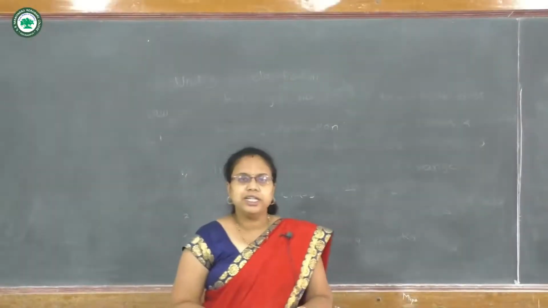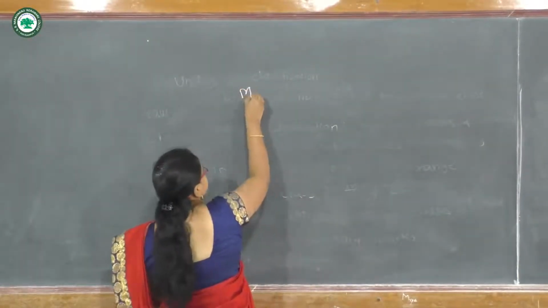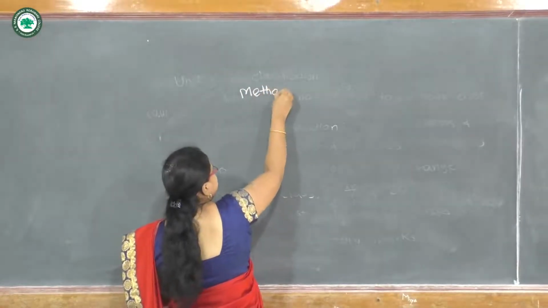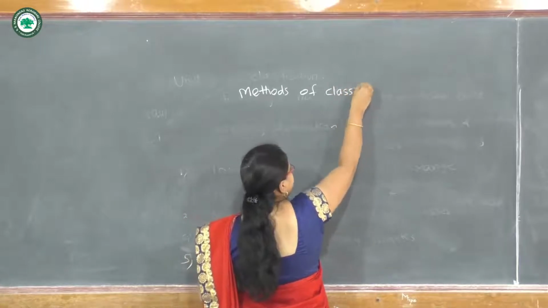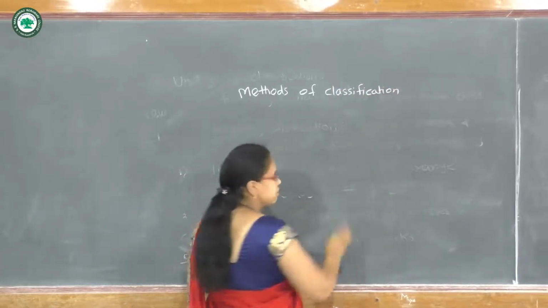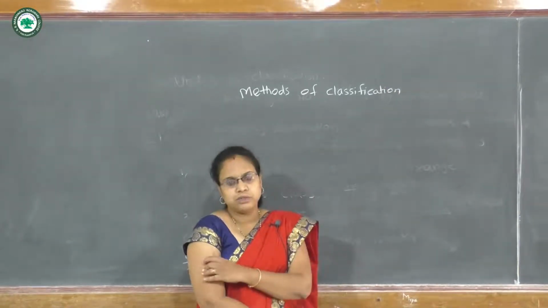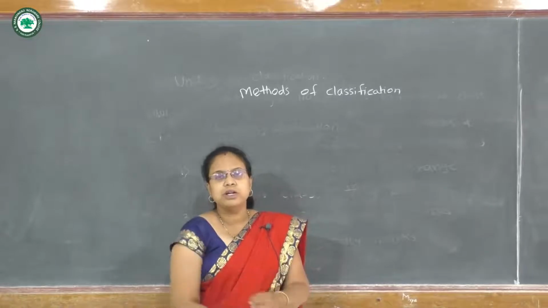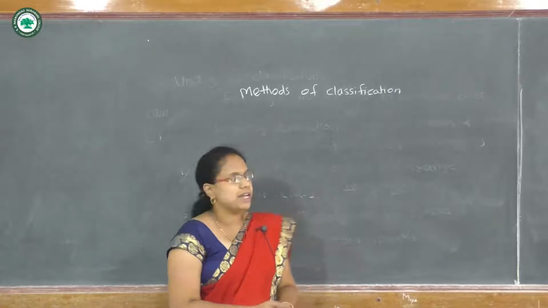The next point is the method of classification. So we have data with different classes. These classes may be of two types. The first type is inclusive and the second is exclusive.